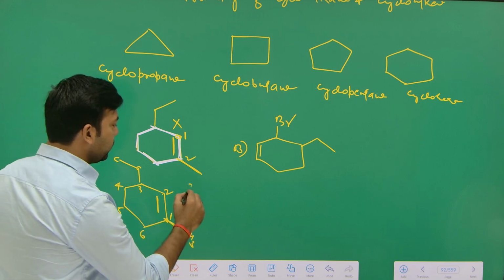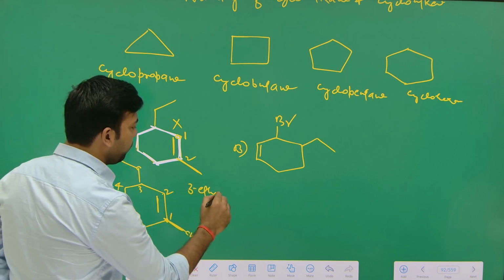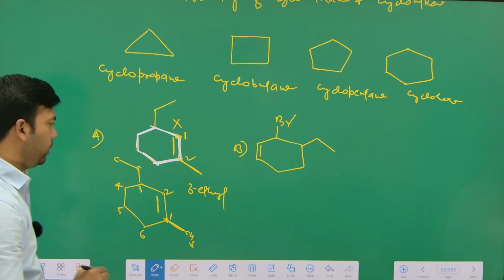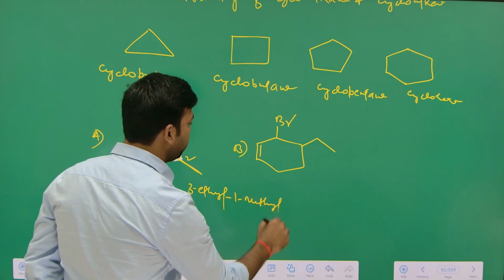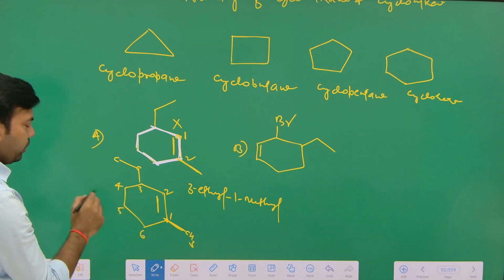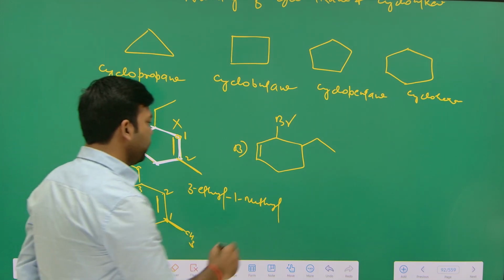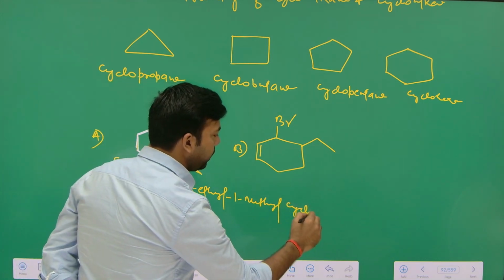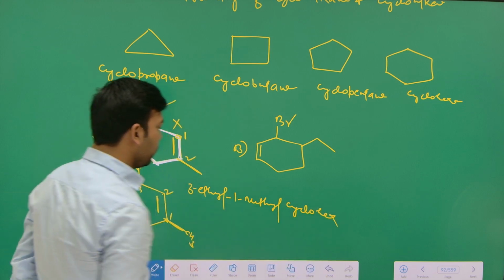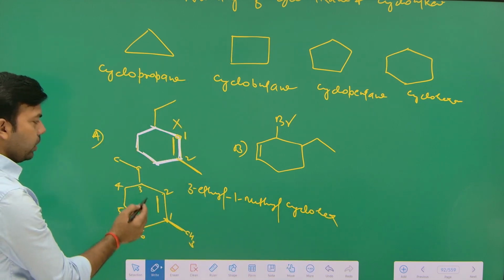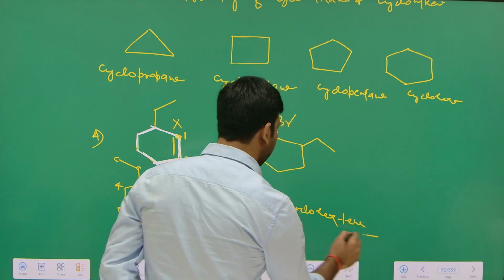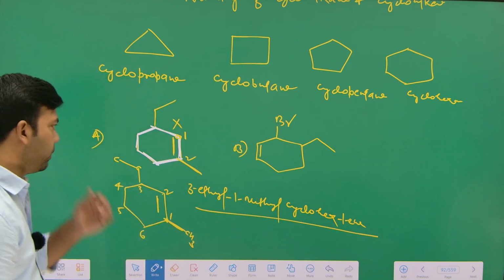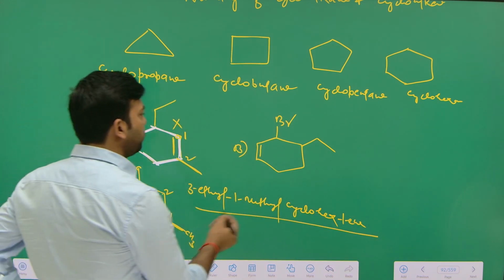So we can say 3-ethyl, 1-methyl, and a 6 carbon chain in the ring, so cyclohex. 1 has the double bond, so cyclohexene or cyclohex-1-ene. Both are correct. Clear?